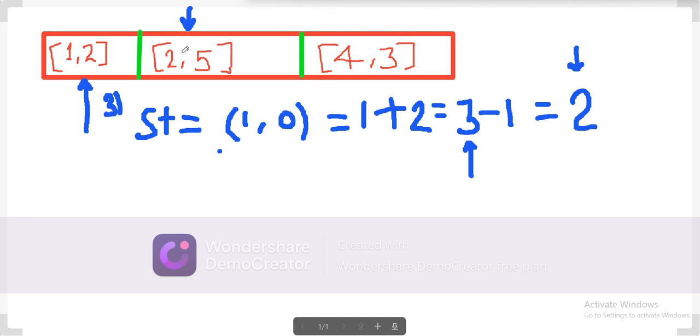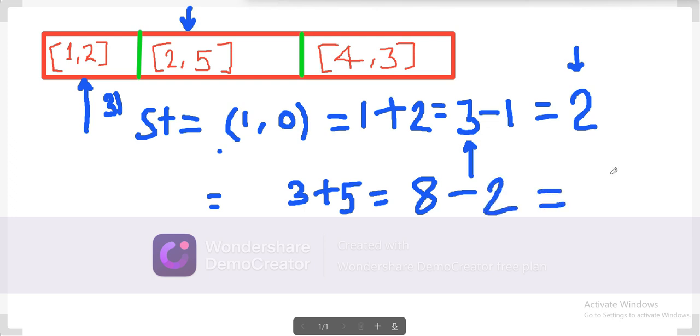So the max of 2 and 3 is 3. It would start at 3 and end at 3 plus 5, which is 8. So at 8 the order would be served, and this customer arrived at 2. So 8 minus 2, 6 is the total wait time for the second customer.